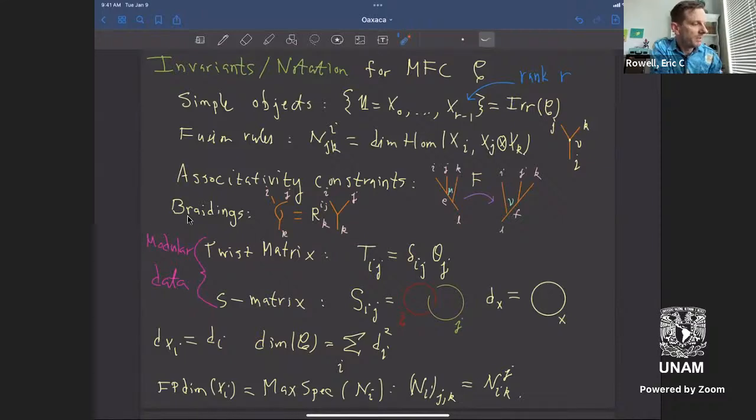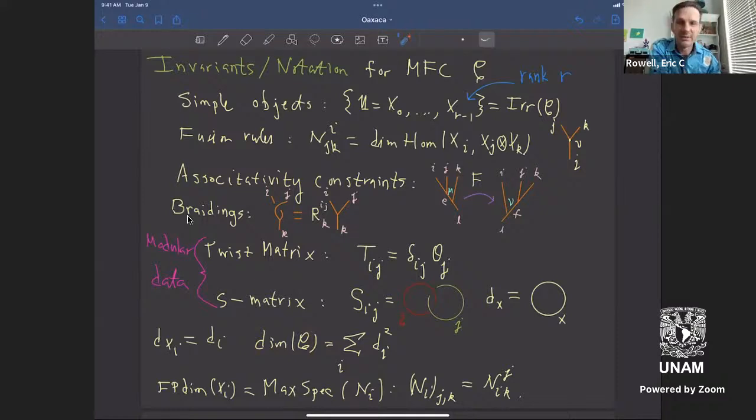And the reason we take the sum of the squares is it's related to the fact that if you take a finite group and you take the sum of the squares of the dimensions of the irreducible representations, then you always get the order of the group. So this is kind of an analog to the order of a group.